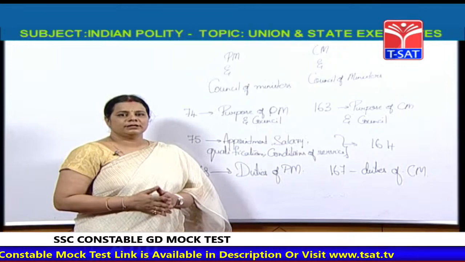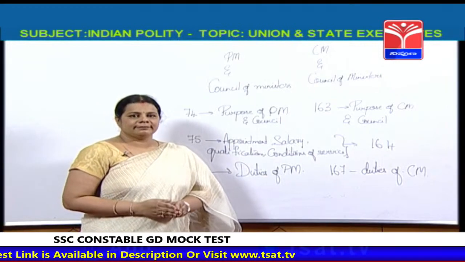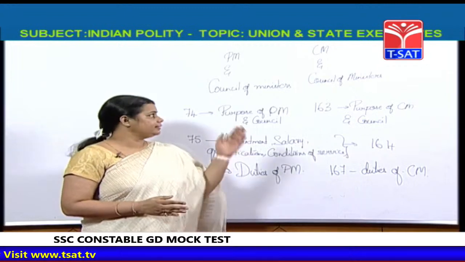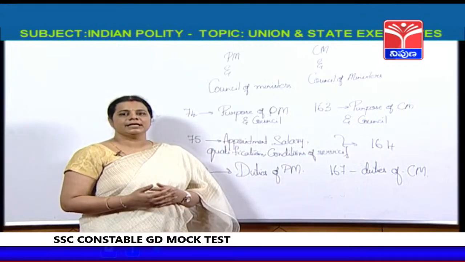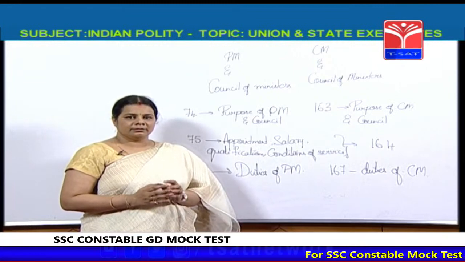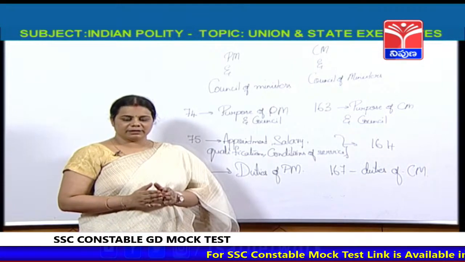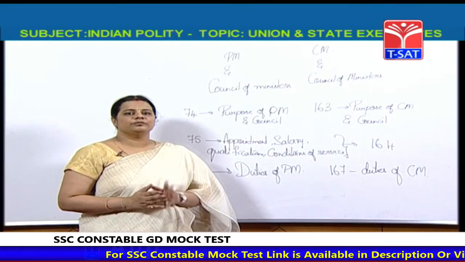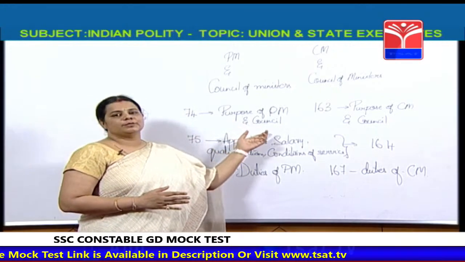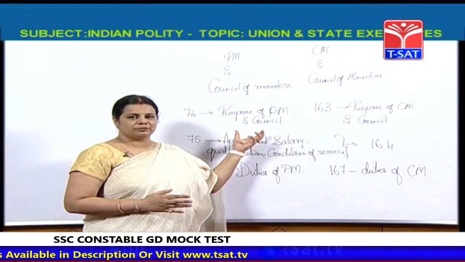The next important part of the executive in India is the Prime Minister and Council of Ministers at the center and the CM and Council of Ministers in the state. Now as far as the Constitution is concerned, the Prime Minister and Council and CM and Council are discussed in the form of 3 articles. The first article is 74, which deals with the purpose of the Prime Minister and Council of Ministers.